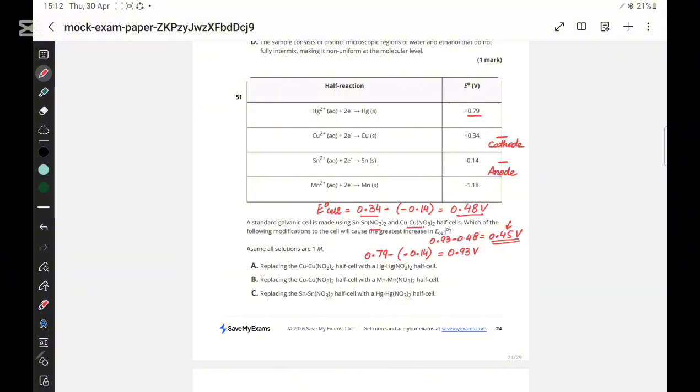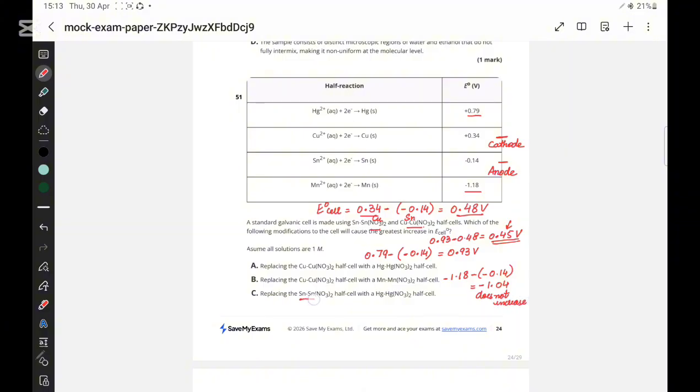Let's see the other options as well. When we are replacing the copper nitrate half cell, this is copper and this is Sn. If I'm replacing copper with manganese, that is minus 1.18, then it comes out to be minus 1.18 minus 0.14, and the answer comes out to be minus 1.04. So if you compare it with the original, it does not increase because the value is negative.